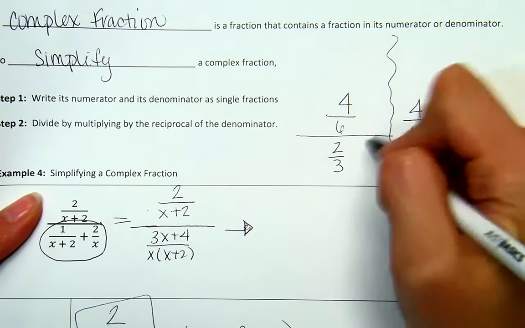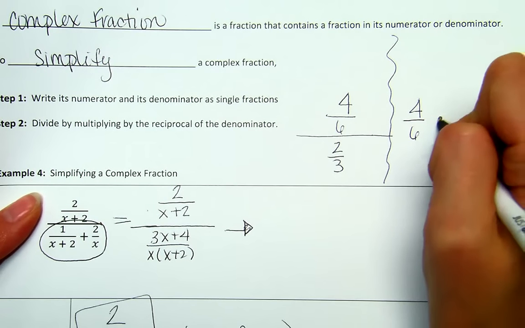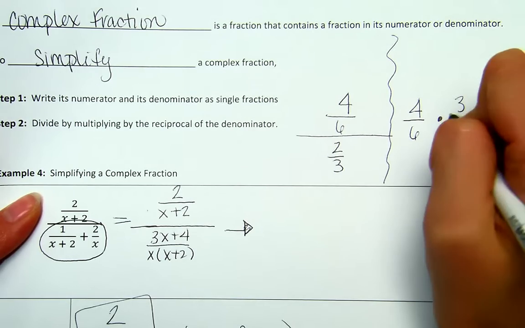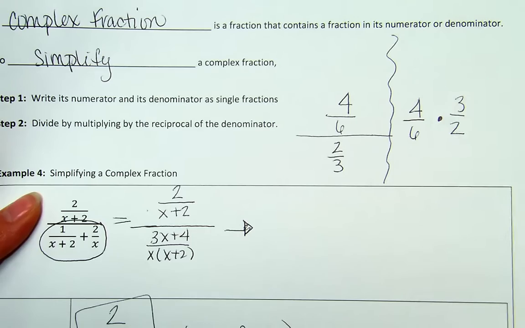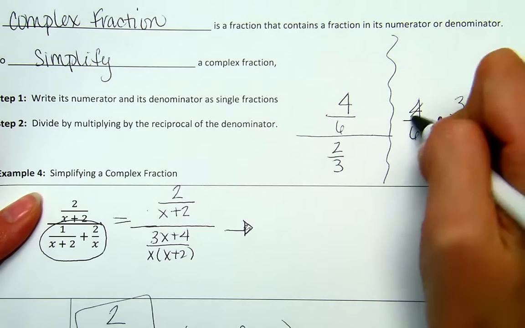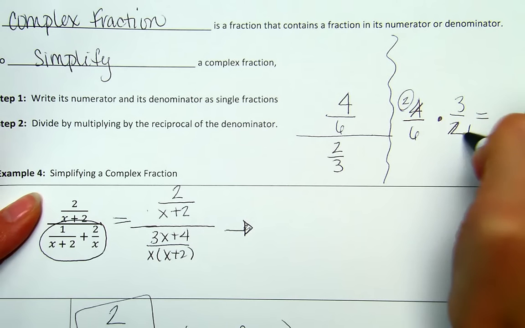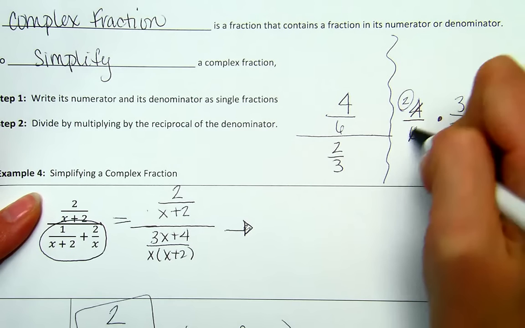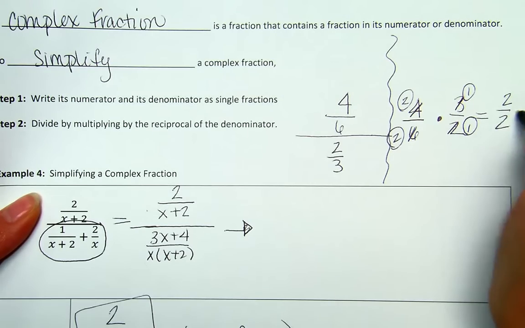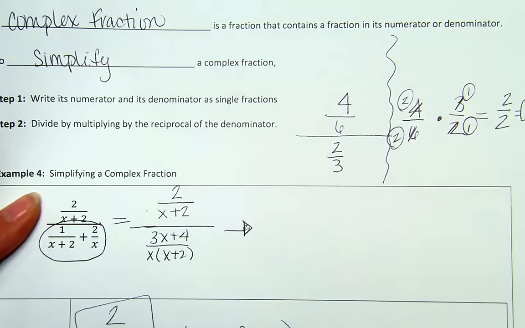You switch from division to multiplication, and you flip the second fraction. At this point, whatever you can cross-cancel, you can. So this becomes 2. This cancels out and gives you 1. 3 goes into 6 2 times, 3 goes into itself 1 time. This becomes 2 over 2, or 1, is your final answer.